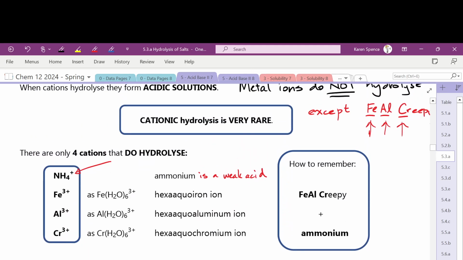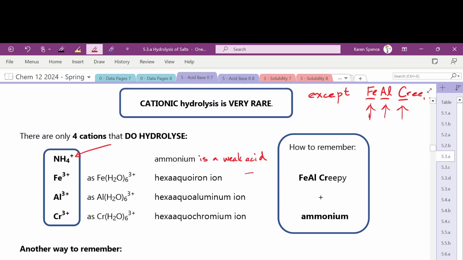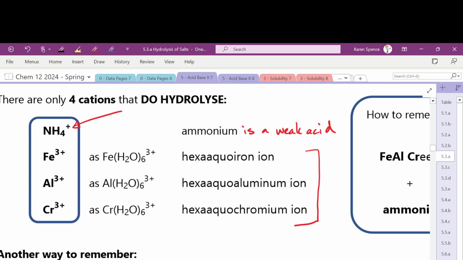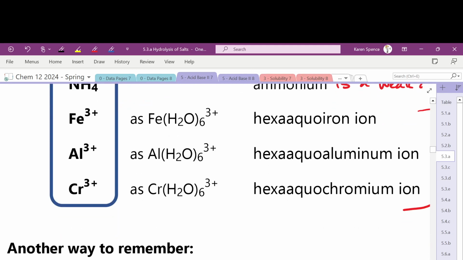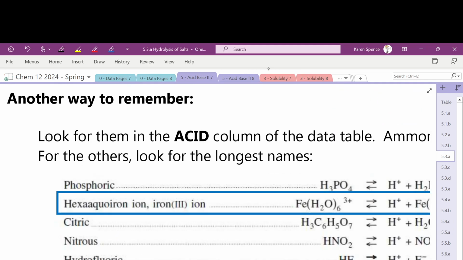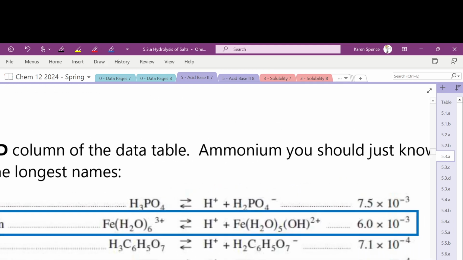Now, how are you going to remember these three and how they react? Because they do something really weird. They grab onto waters, 6 of them, okay? You might be like, wow, that's really complicated. I don't know if I will remember that. But it's okay because you don't have to. Because on your acid chart, look what it gives you.